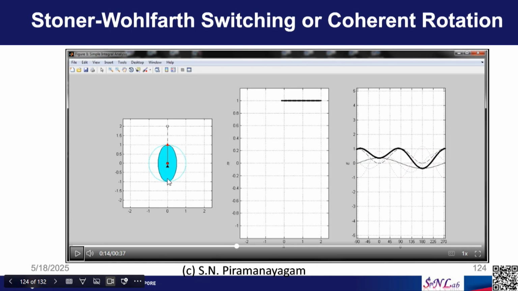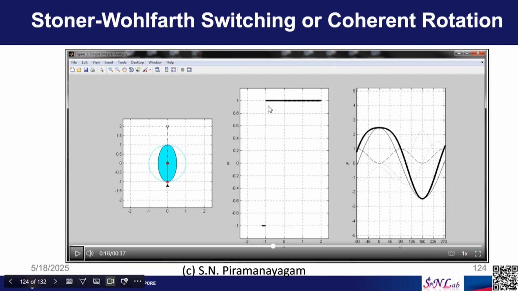Now, the magnetic field is going in the opposite direction. Magnitude is small. When this line meets here, that is H equal to HK. So, when this black line is here, that means the applied field is equal to the anisotropy field.